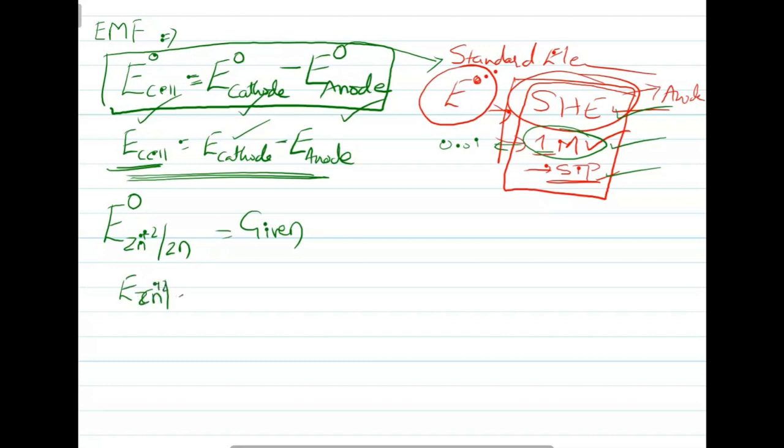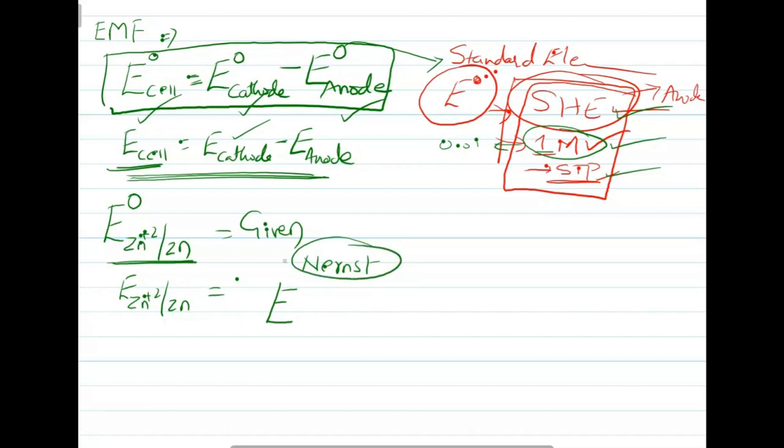That means, if standard cell potential or standard single electrode potentials are given, how do we calculate their electrode potentials at any concentration other than 1 molar, maybe greater than 1 molar or less than 1 molar? So there is a very famous equation, which is called the Nernst equation.